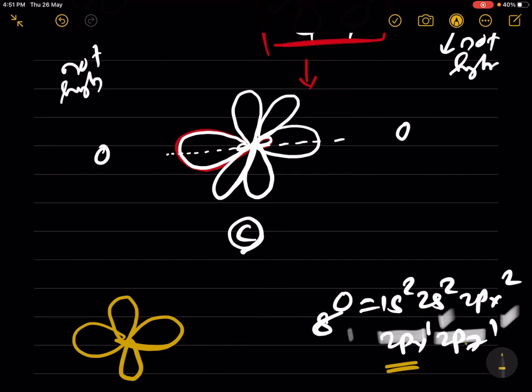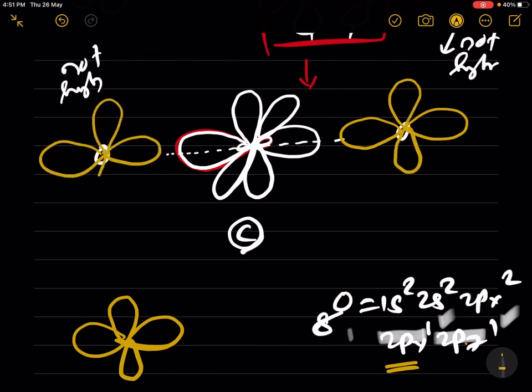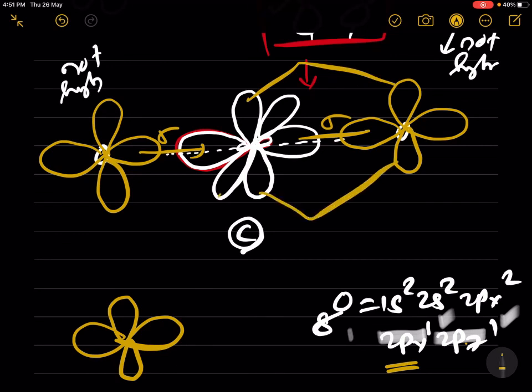Here you will find a sigma bond, here you will find a sigma bond, but this one will form a pi bond and this one will form a pi bond.